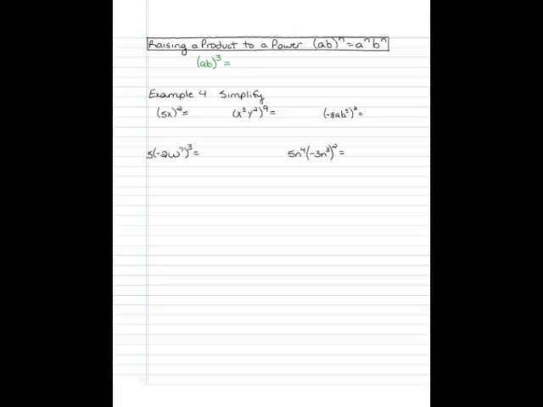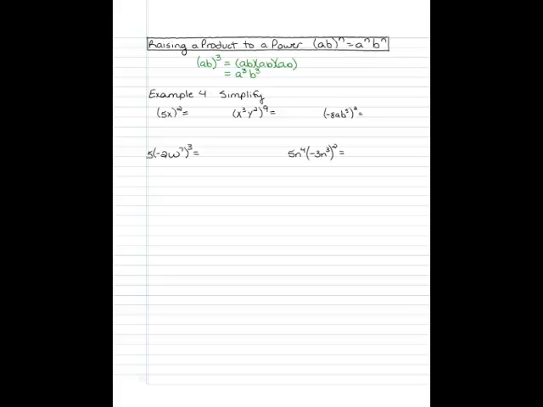Now expanding this, whenever you cube something, you multiply it by itself 3 times. So this would be AB times AB times AB. And looking at these, we have A times A times A, so that would give us A cubed, B times B times B, B cubed. So that's the main idea behind this property.